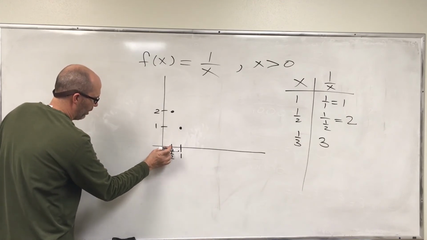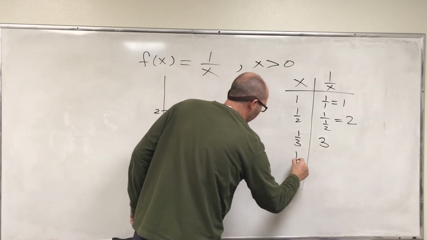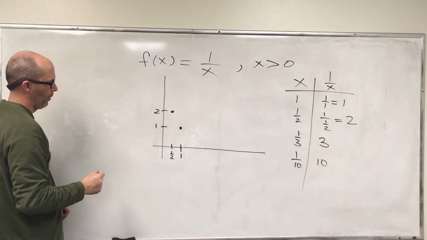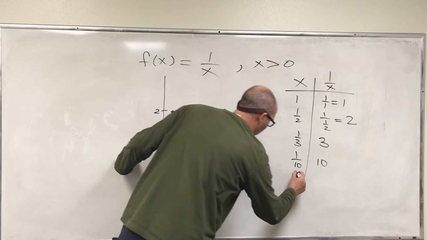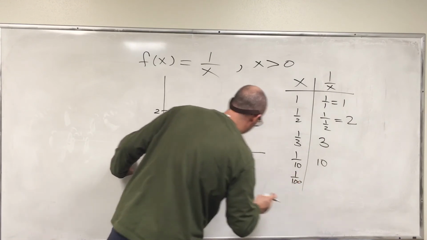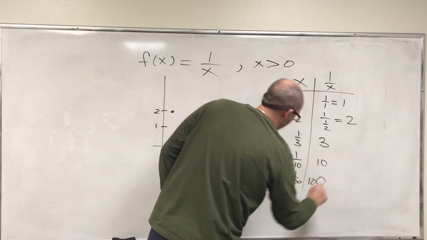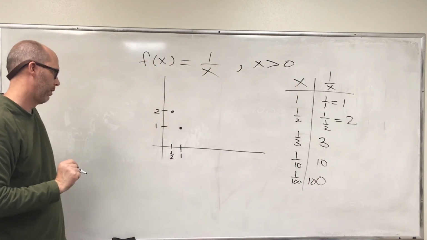So now at 1/10, you go up to 10. At 1/100th, really close to 0, but not quite there, we go up to 100.